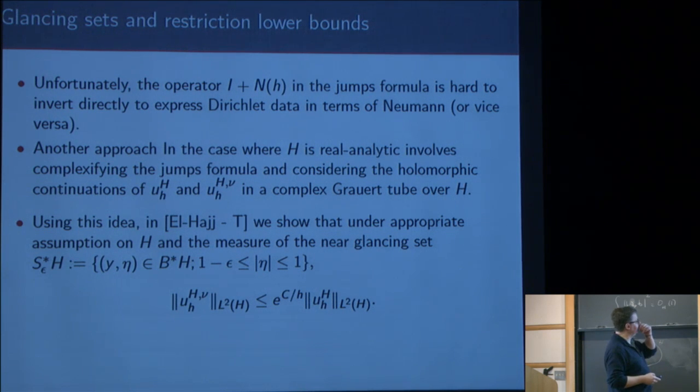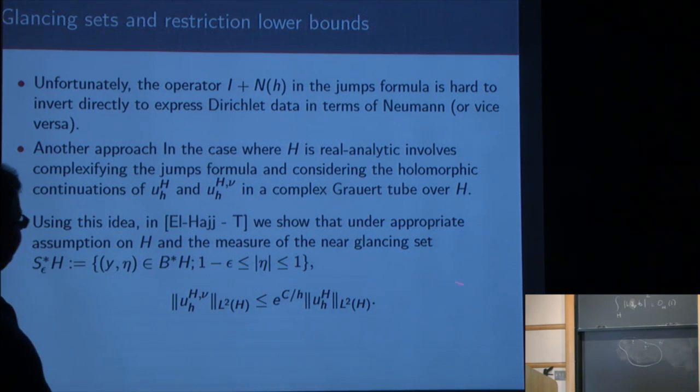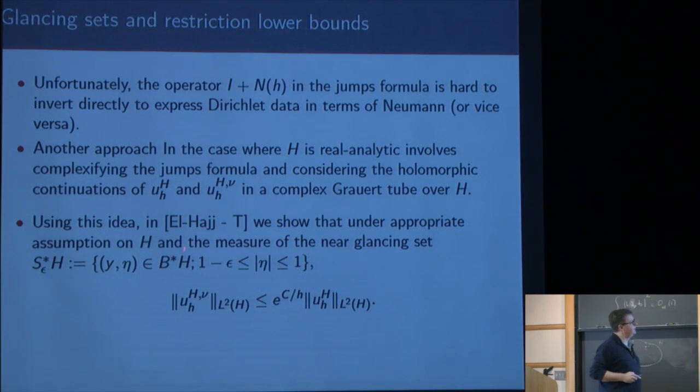Unfortunately, if you don't complexify, we've tried this. It's tantalizing, but we have not been able to do this. So the idea is we complexify these things. You take H now to be, let's say, a curve. We go back to my original problem, and we have this integral equation, but now we want to complexify it. I'll say a little bit about this in a minute.